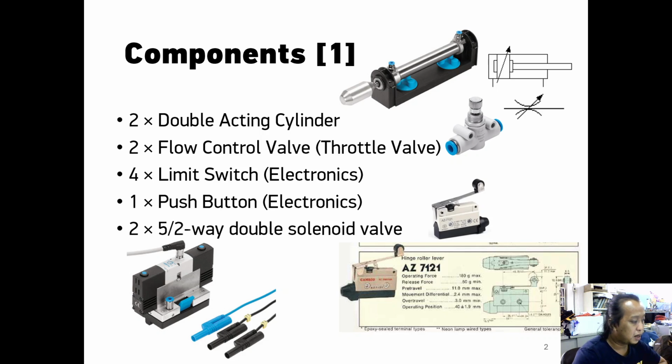The components that I use are the same as in the previously recorded presentation. This is the double acting cylinder, flow control valve, limit switches, and push button, and 5x two-way double solenoid valve.